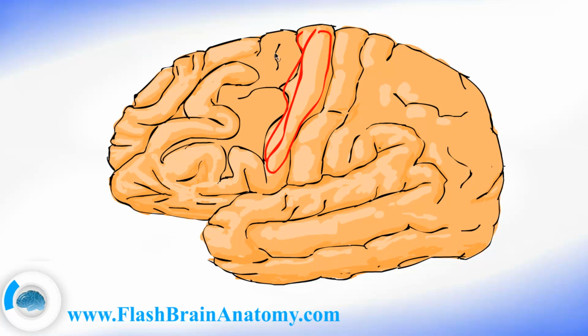Remember, I mentioned in the beginning that this is the central gyrus here. And I also mentioned one thing. The first sulcus I mentioned was this lateral sulcus, and this is actually the posterior part of the lateral sulcus.